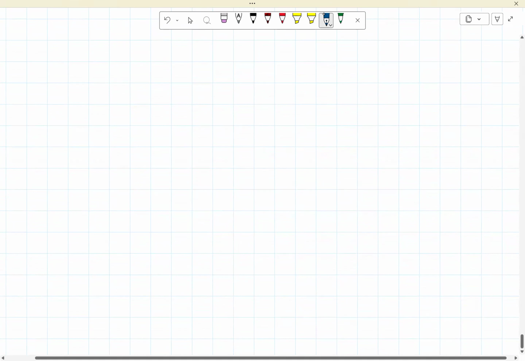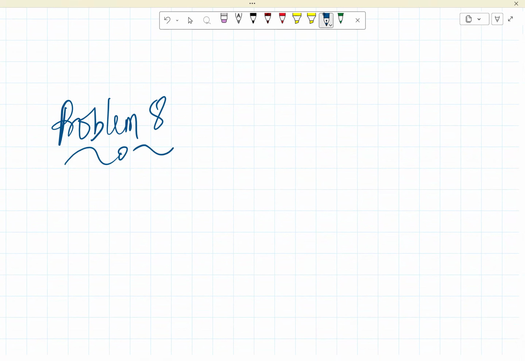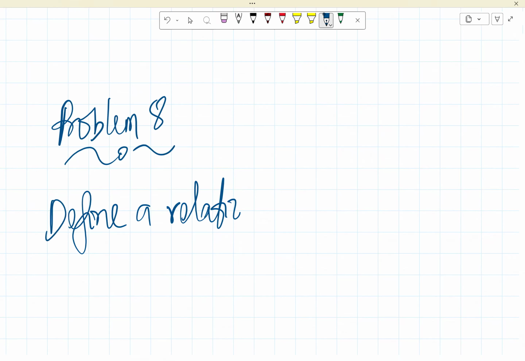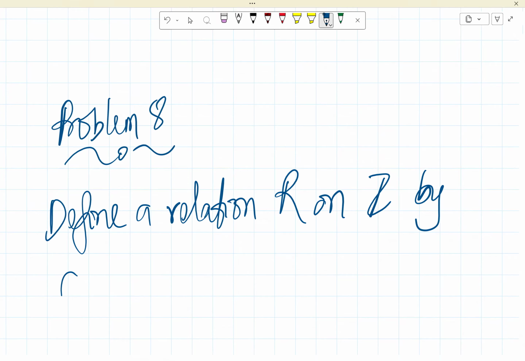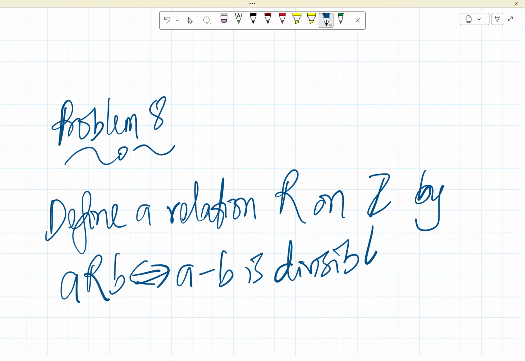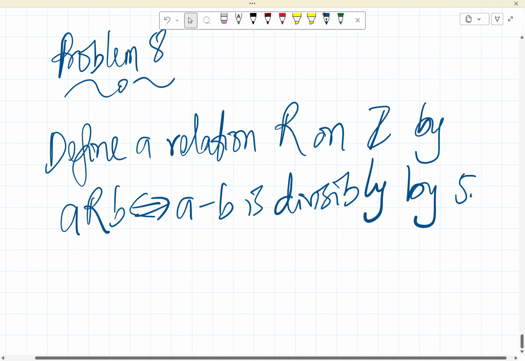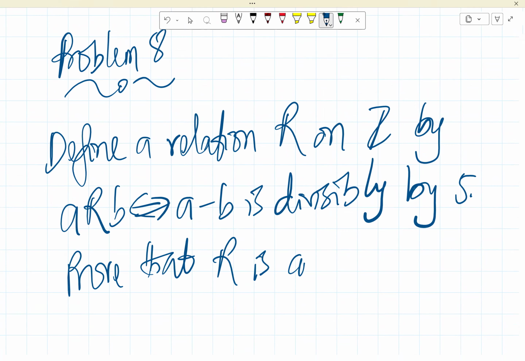So we have problem 8. Define a relation R on Z by A relates to B, which implies that A minus B is divisible by 5. Then we prove that R is an equivalence relation.